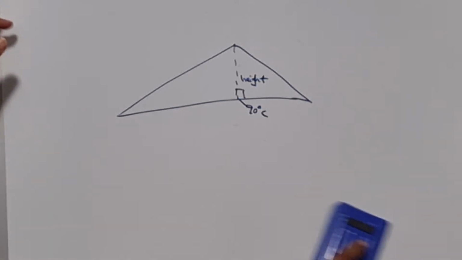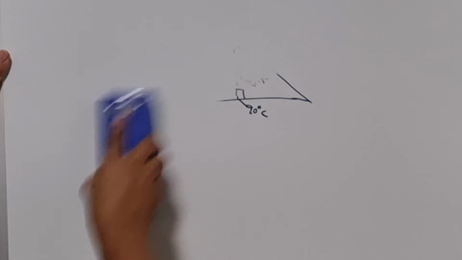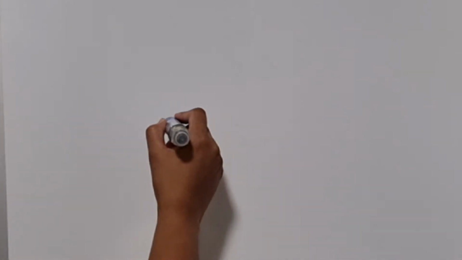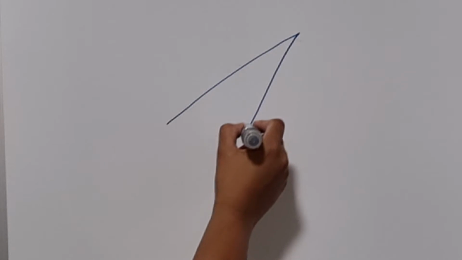Okay. So let's say we have an example, a triangle that is different.